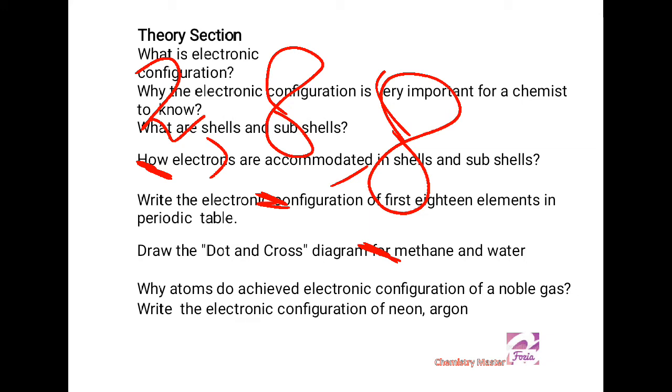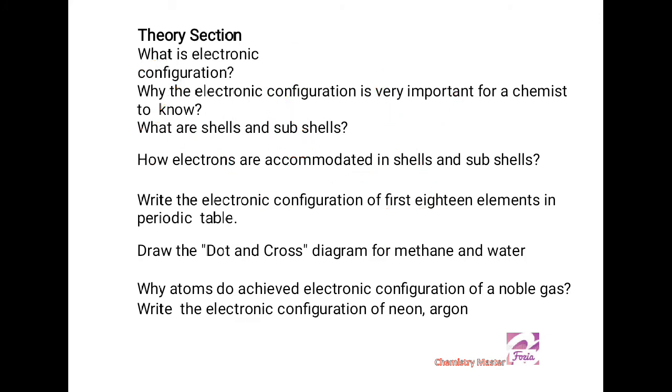So what are you waiting for? Just get the symbols and the atomic numbers from the periodic table and write the electronic configuration on the same pattern. Suppose I explain the configuration of lithium here. Lithium is the element whose proton number is 3.